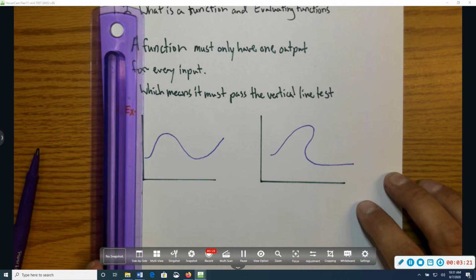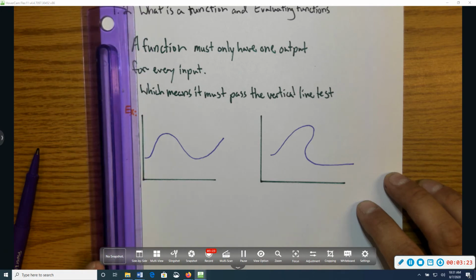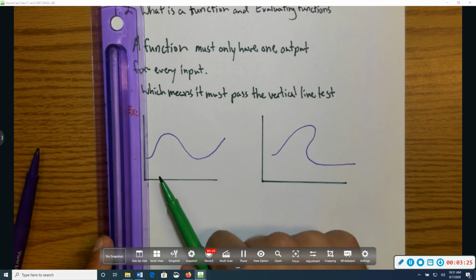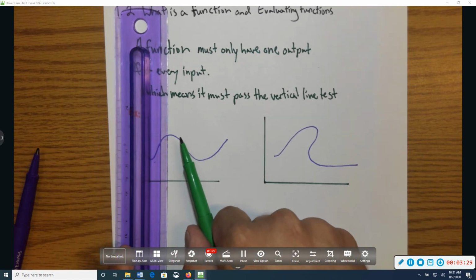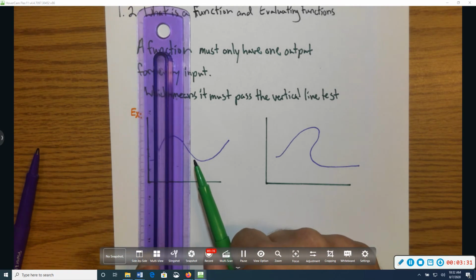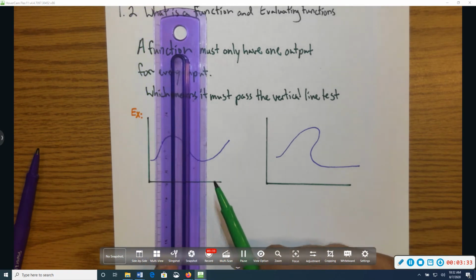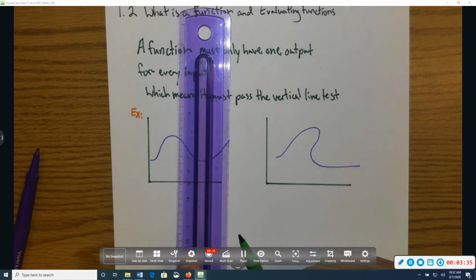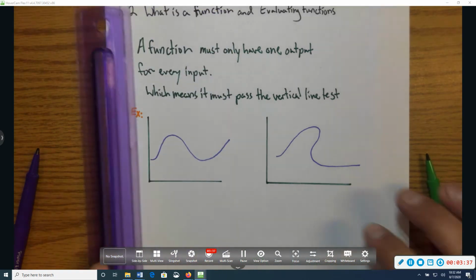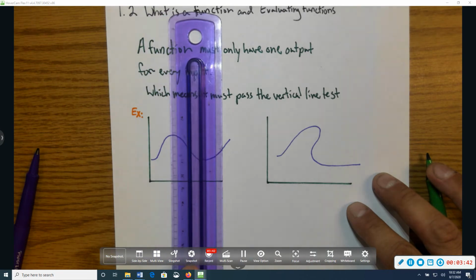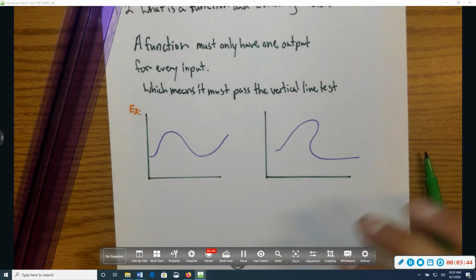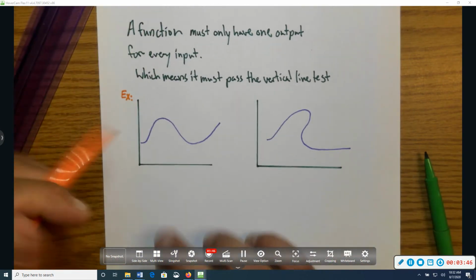In this case, my vertical line will be this ruler. The function's going up, going back down, and so far it's only touching it once the whole way through. So because it only touches the vertical line once, this is a function.